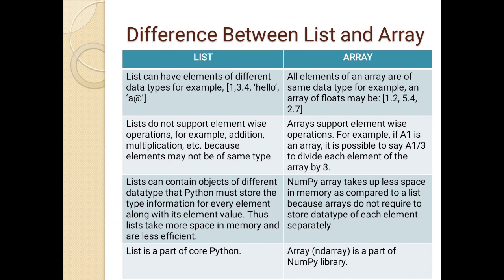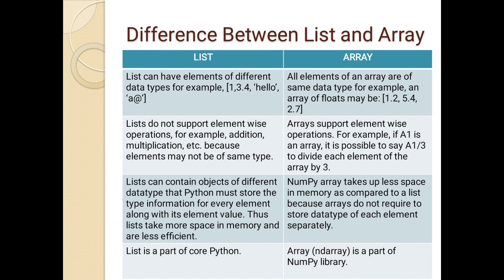A list can contain objects of different data types and Python must store the type information for every element along with the element value. You can understand it by the previous example. See the first difference of list. Here you can see 1 is integer, 3.4 is float, hello is a string, a at the rate is also a string.